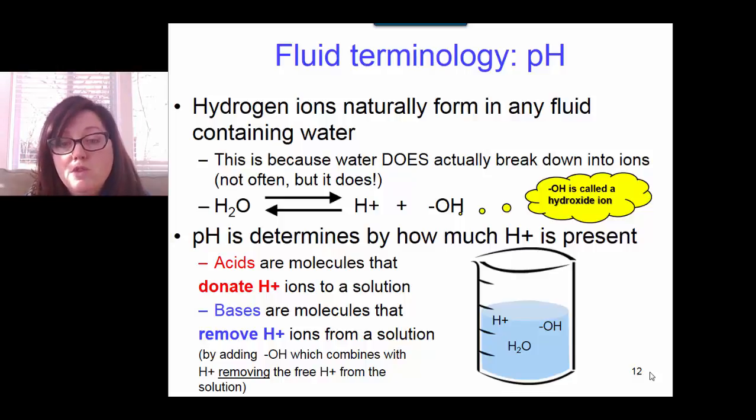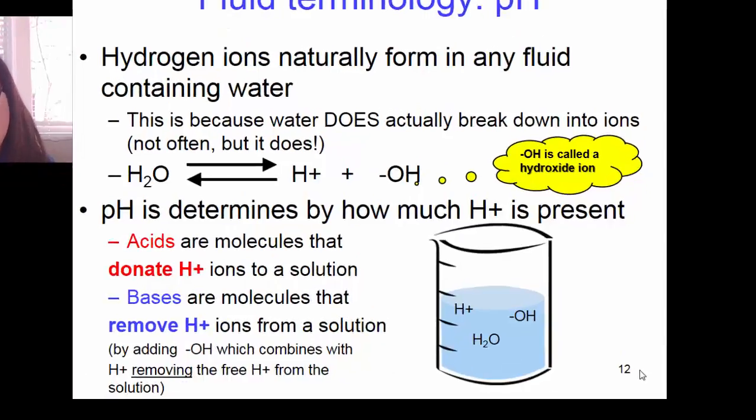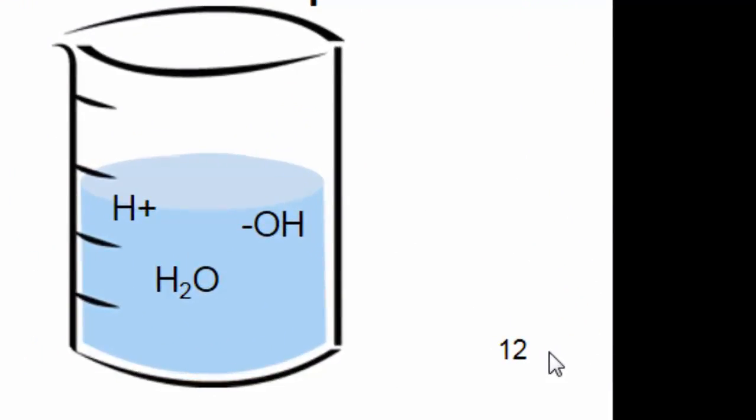So this is where acids and bases come into play. Acids are molecules that donate hydrogen ions to solution, and bases are molecules that can remove hydrogen ions from a solution. So let's take a look over here at the bottom of our screen where we have a beaker of water. Okay? Some of that water exists as H2O, and some of it is existing as hydrogen ions and hydroxide ions.